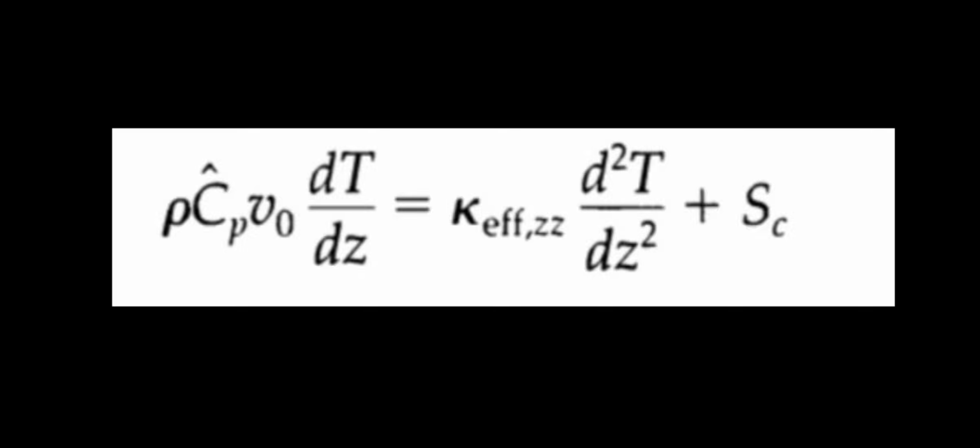Here we see a general expression for the axial temperature gradient, while presented in slightly different form later for each zone. This equation introduces key parameters such as the effective thermal conductivity, the superficial fluid velocity, the fluid density, the heat capacity of the fluid Cp, and the heat generated by the reaction per unit volume S. The effective thermal conductivity Ke is not simply the thermal conductivity of the fluid but accounts for heat transfer through both the fluid and the solid particles in the packed bed, as well as the mixing and dispersion effects within the bed.